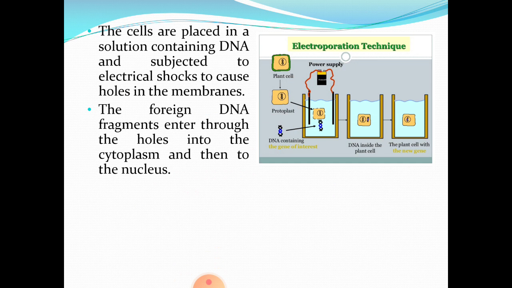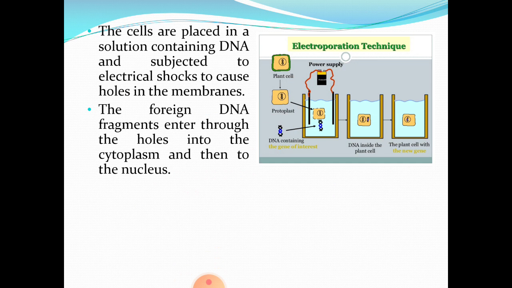So, I have shown the diagrammatic representation. The target cells are placed in a solution containing DNA, figure number 1, and then subjected to mild electrical shocks. When you pass the electricity, it causes holes in the membranes.